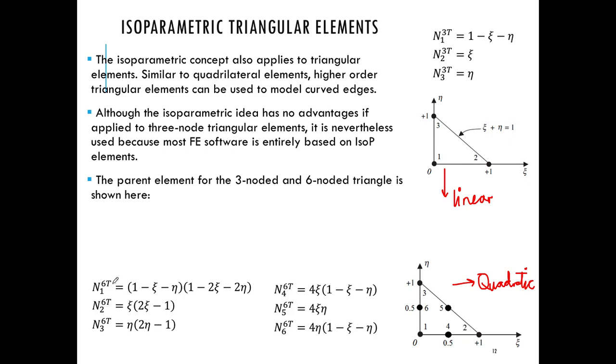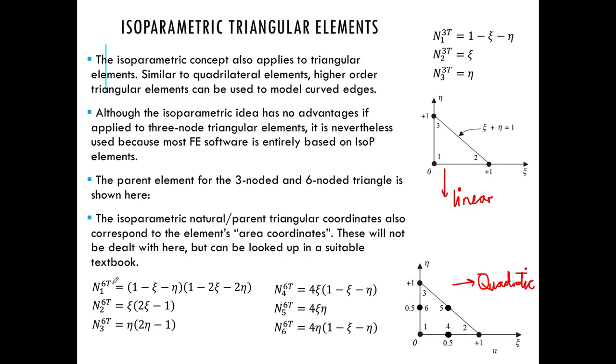For both, we again use our psi and eta coordinates for 2D, but psi goes from 0 to +1, and eta similarly goes from 0 to +1.